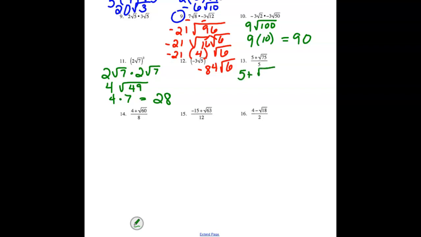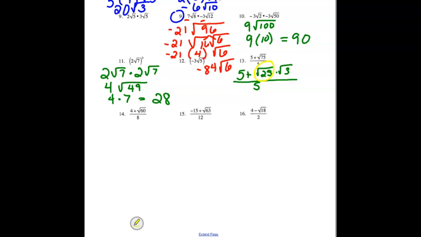We're going to think of 75 as being 25 times 3. So we can think of that as the square root of 25 times the square root of 3. And the square root of 25, that is perfect. That's going to come out as just a plain 5. So we end up with 5 plus 5 root 3, all divided by 5.